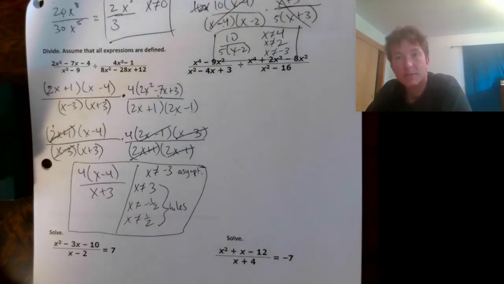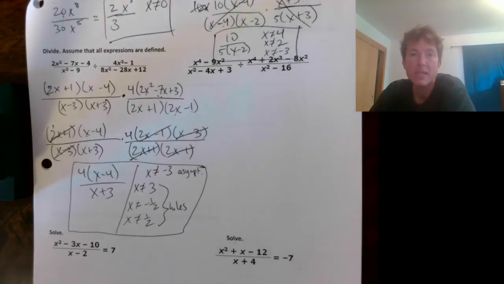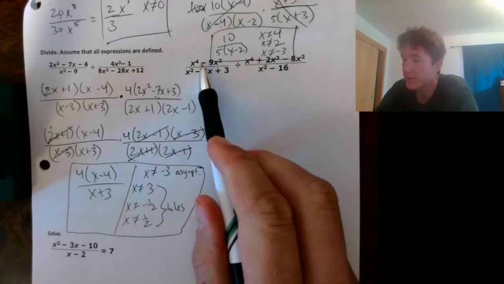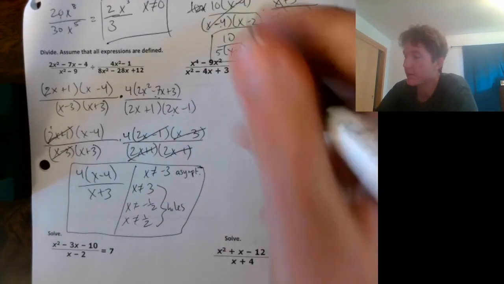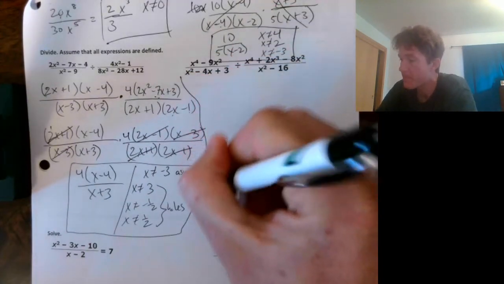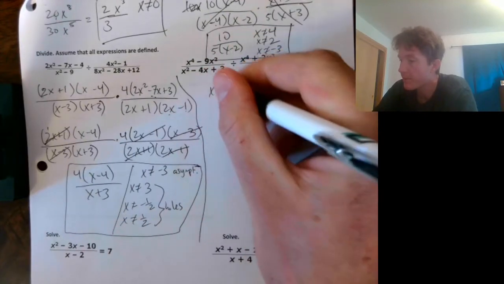Alright, last one. Looks really tricky. X to the 4th minus 9x squared over x squared minus 4x plus 3 divided by x to the 4th plus 2x cubed minus 8x squared over x squared minus 16. So first thing up here, I can see that I can take out an x squared, so I'll factor out x squared first.